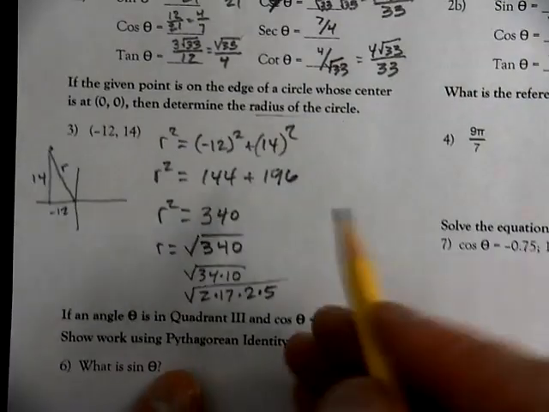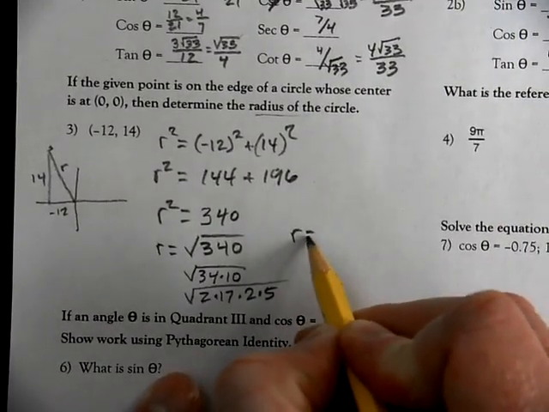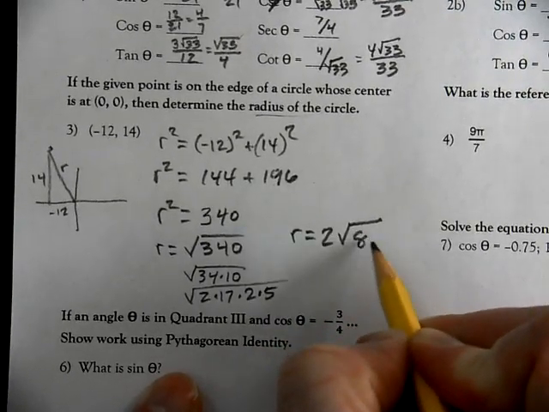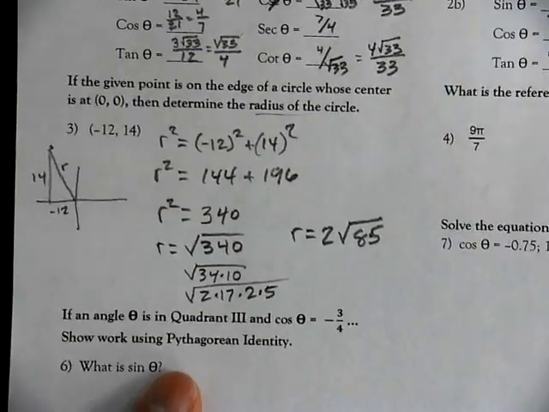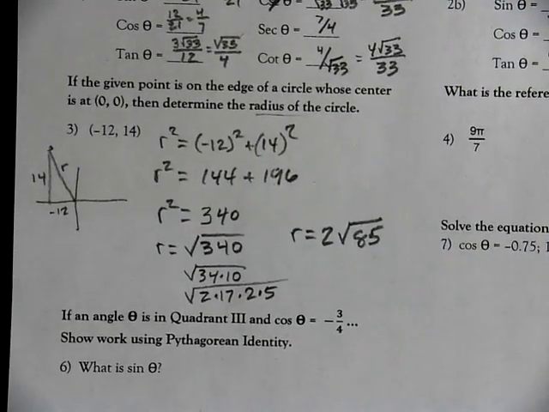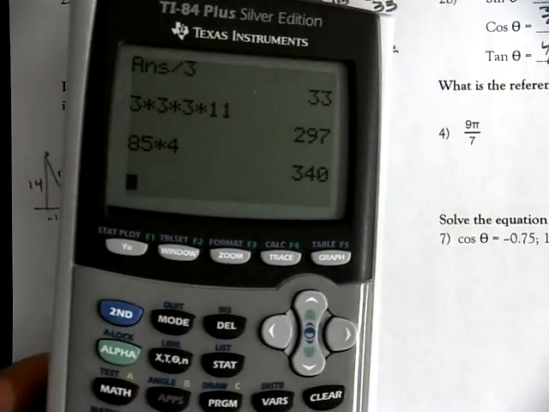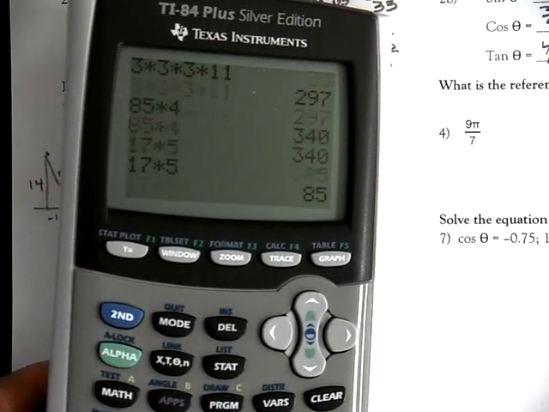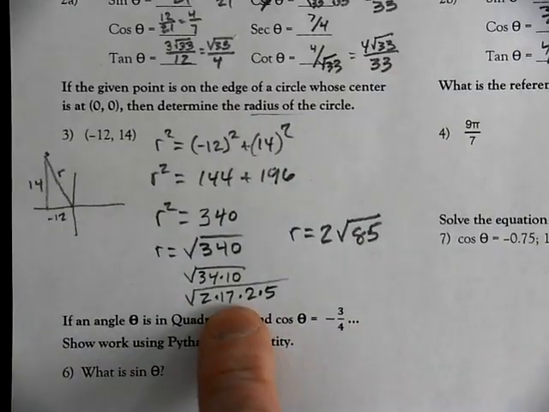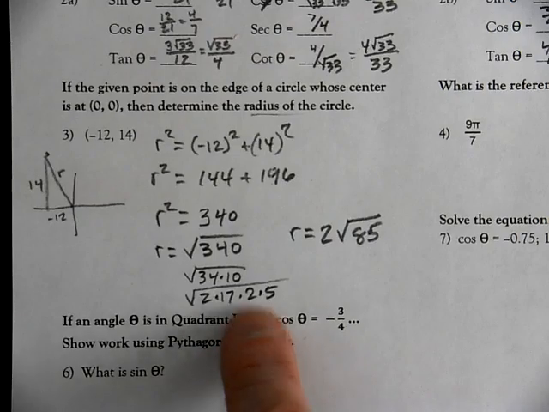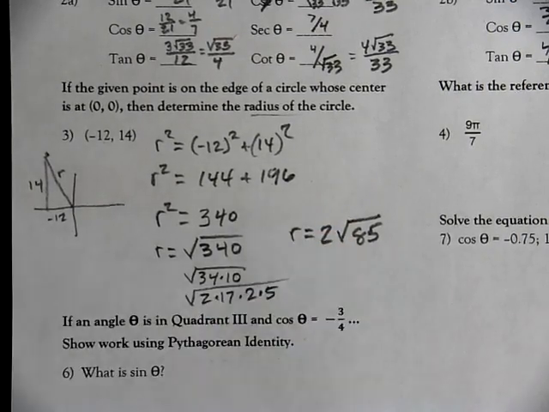Okay, so the square root of 4 is 2. And we don't have the square root of 85. It doesn't break down at all, because 17 can't be broken down, 5 can't be broken down. They multiply to be 85, and the 2's are your pair, so it comes outside.